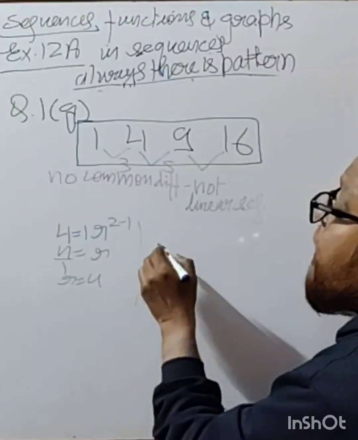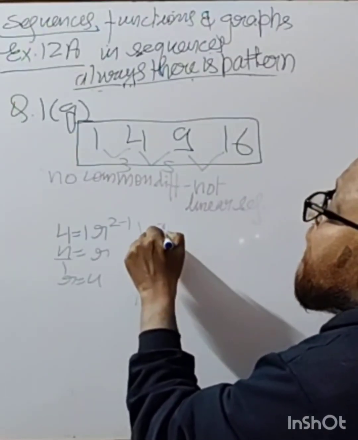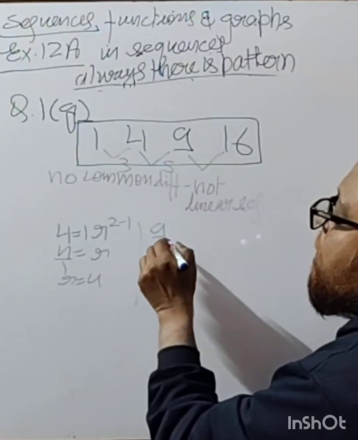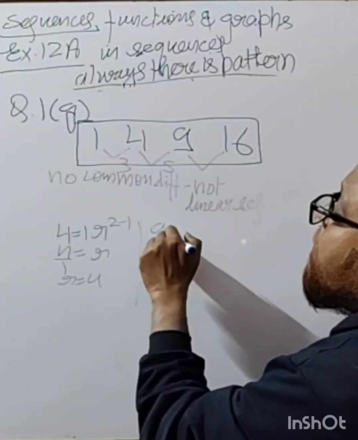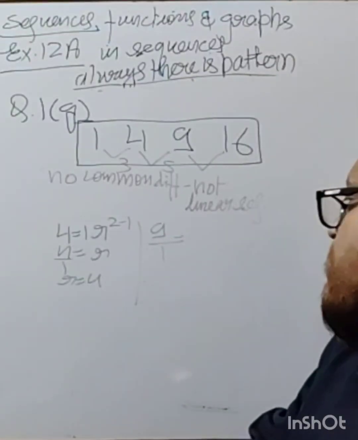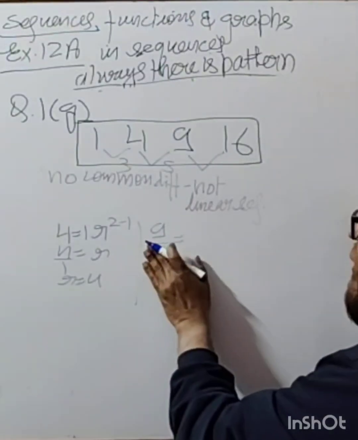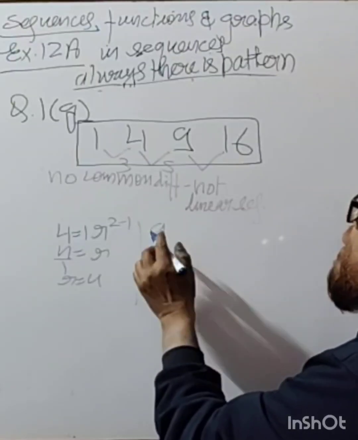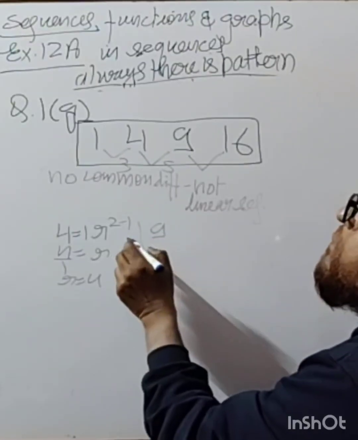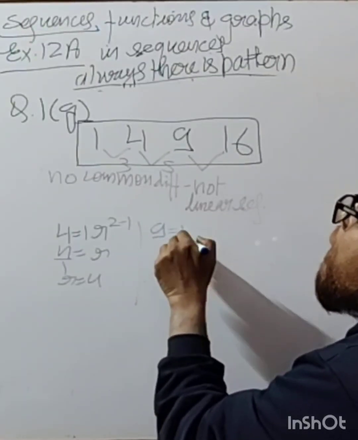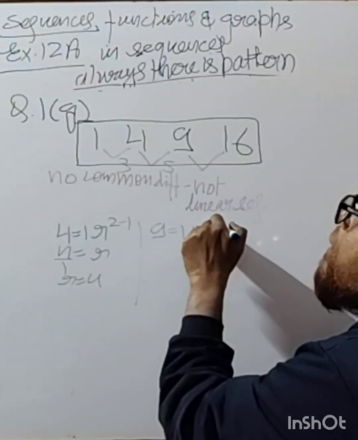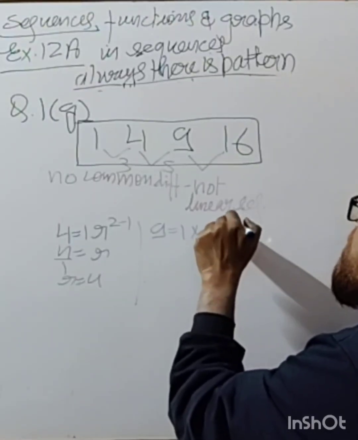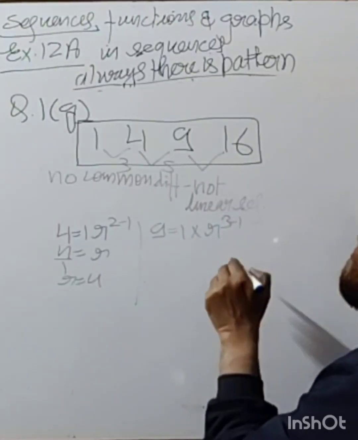If I take the second, 9 is equal to 1 into r raised to the power 3 minus 1.